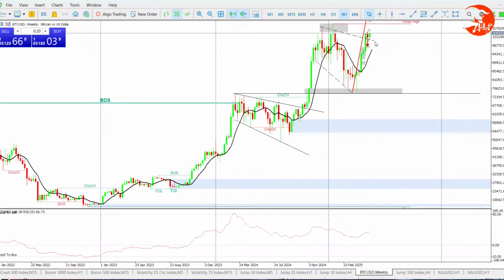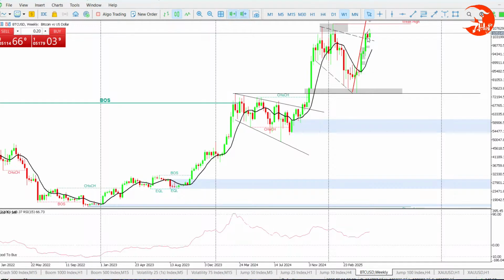We had that breakout on that trend line. That was an expanding falling wedge. We saw the breakout, a perfect breakout, and then a perfect retest, because the candle didn't close inside that expanding wedge.